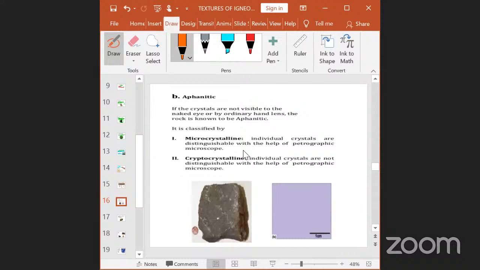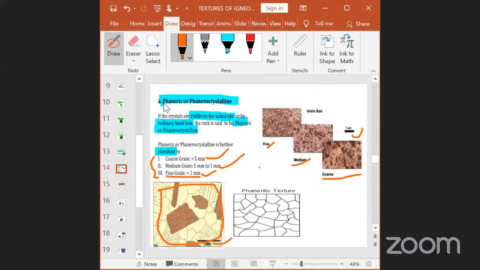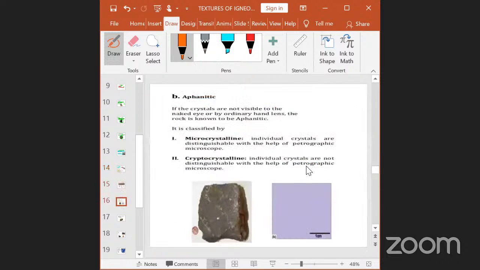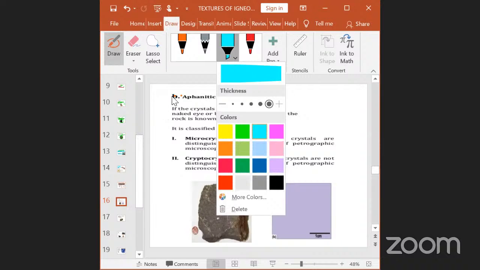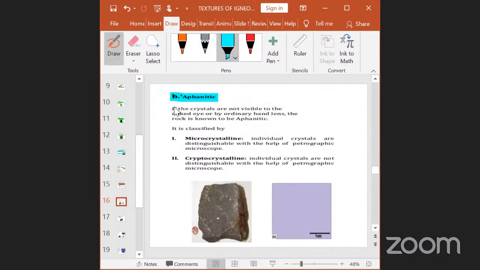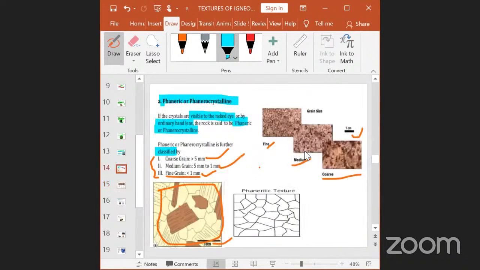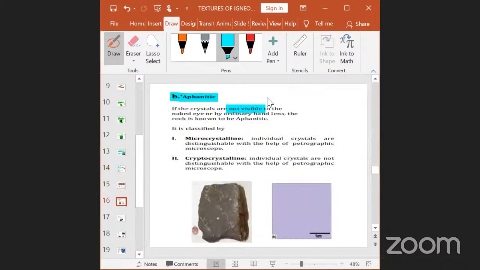Okay, so phaneritic is over, and the second one is aphanitic, right? If the crystals are not visible, you see a difference here.